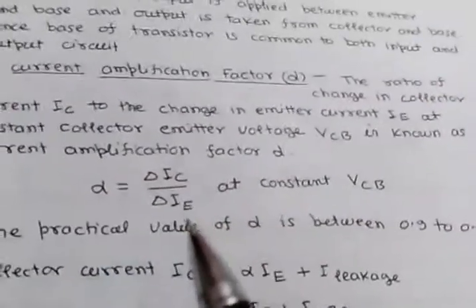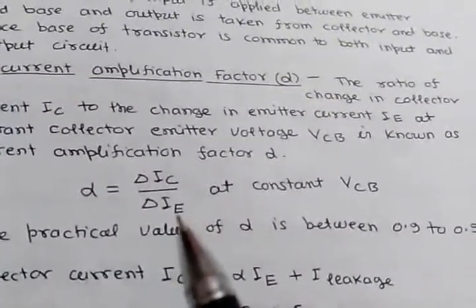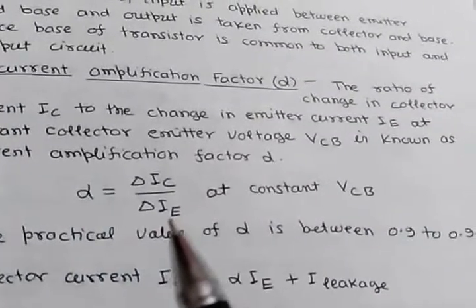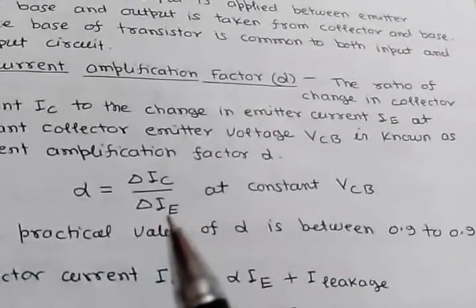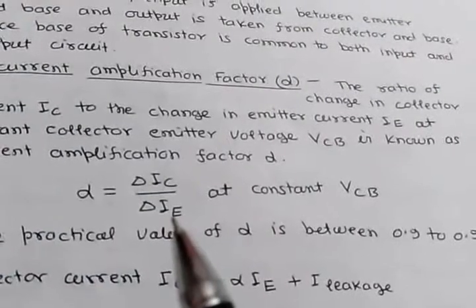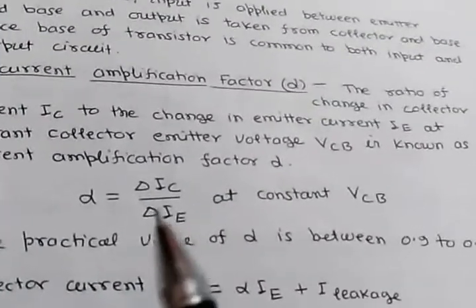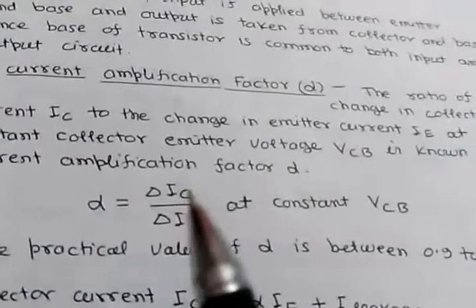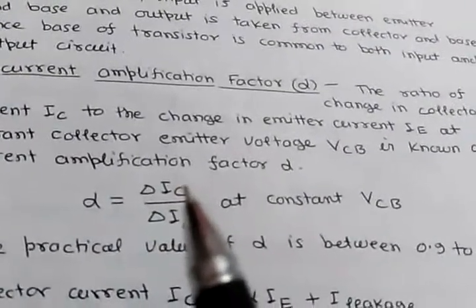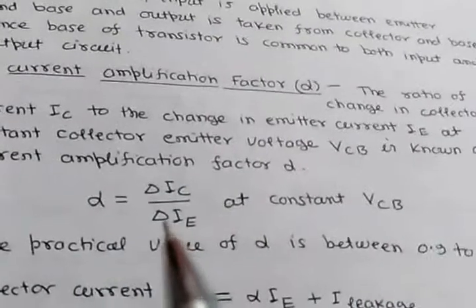Since the emitter current IE is equal to IB plus IC, IE includes base current plus collector current. So delta IC will always be less than delta IE.